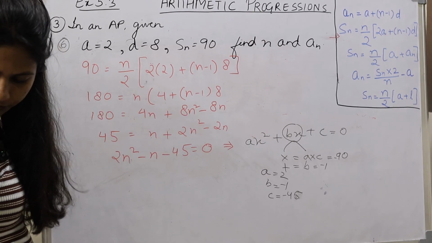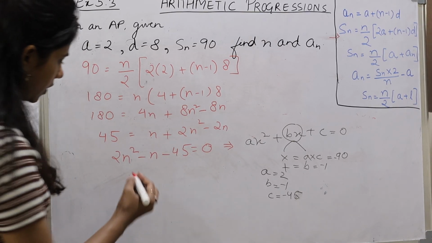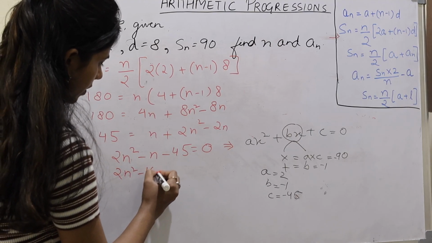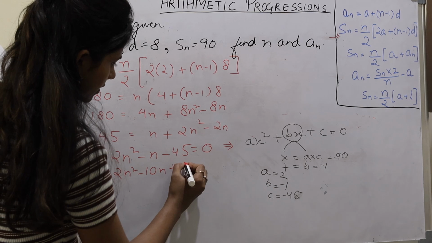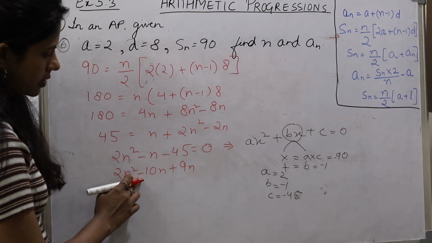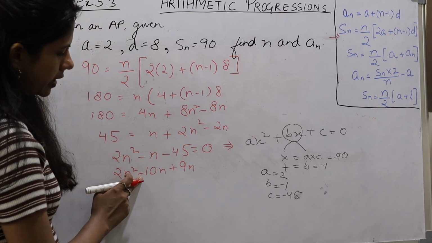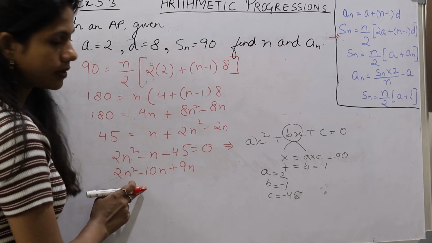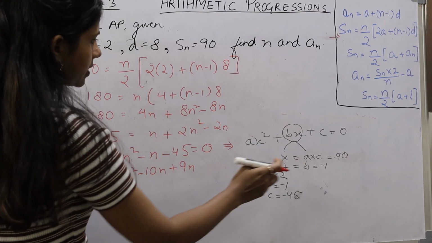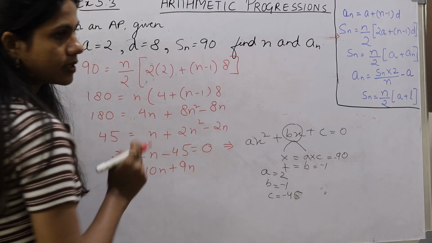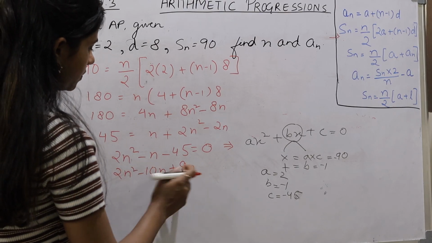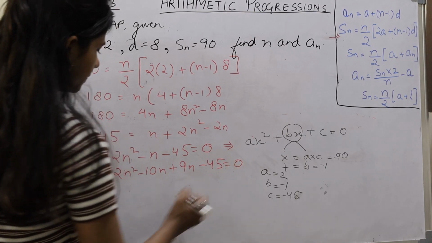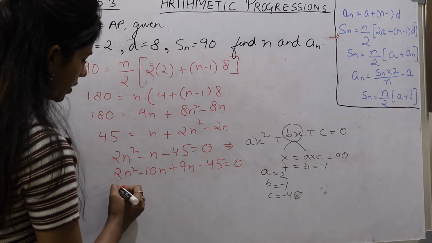So let's see. We can write it as minus 10n plus 9n, because the sign is of the greater number. So I'm keeping 10 as greater, 10 as minus, so that the result has the sign minus. So minus 45 equal to 0. Let's try to take common.